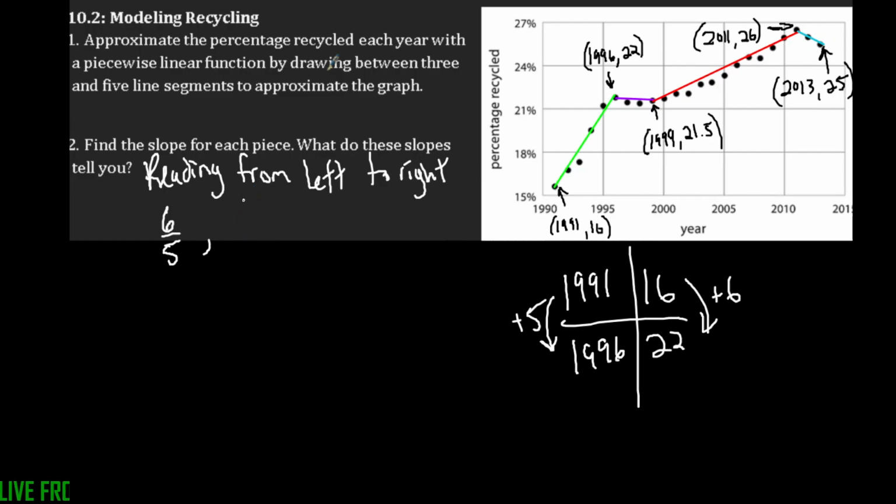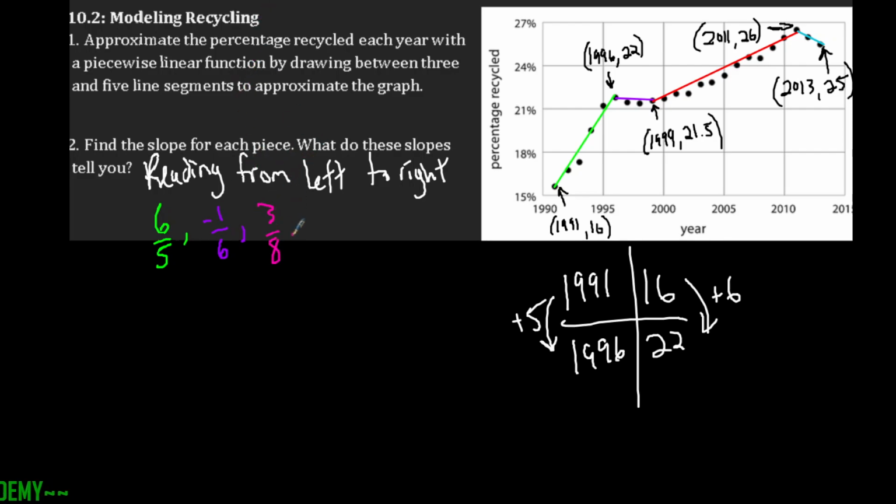I have the next section is negative. Let's actually do colors for this. So let's say the green part is 6 over 5. Then the purple part is going to be -1/6. And I can say the pink part is going to be 3/8.